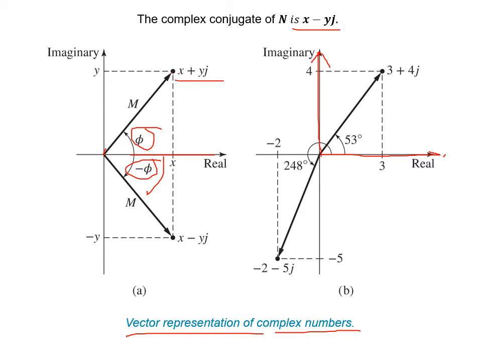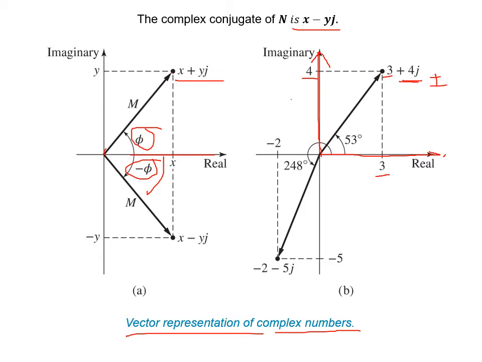If we had actual values for our x and y, we can see on the right-hand graph, we go over 3 in the real direction on our real x-axis, and we go up to 4 on our y-axis, which is 4j on our imaginary axis. Now, the thing to think about is we're in quadrant number 1 up here. What if we were in a different quadrant?